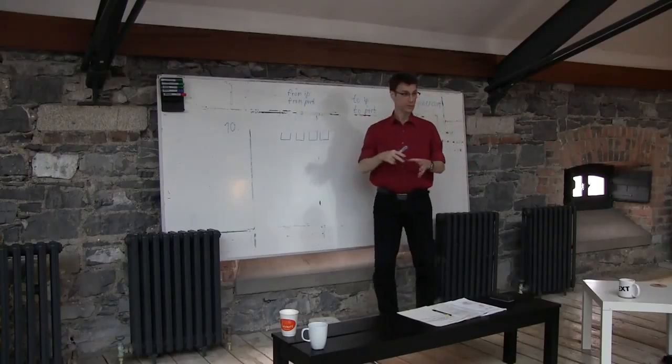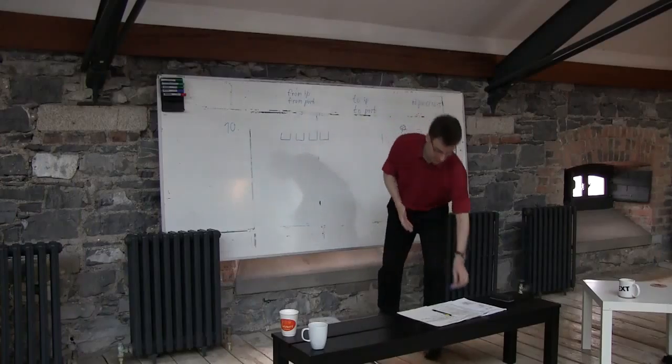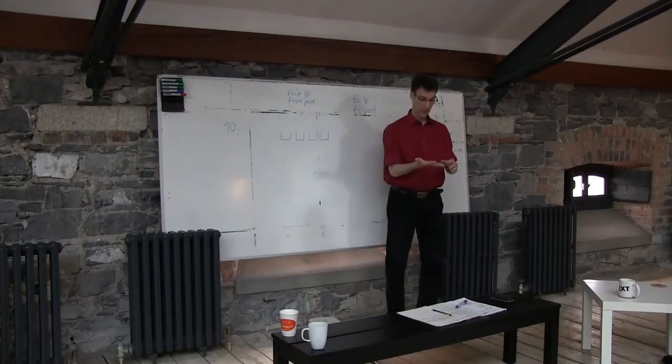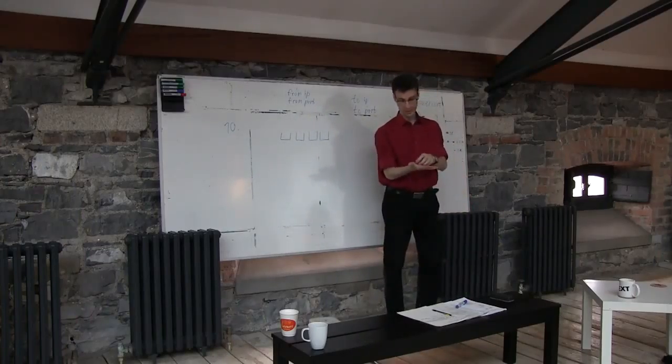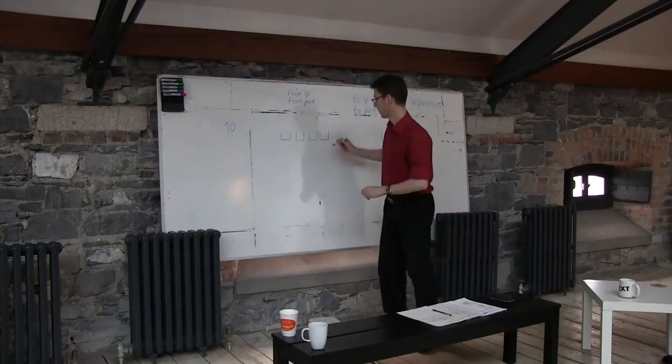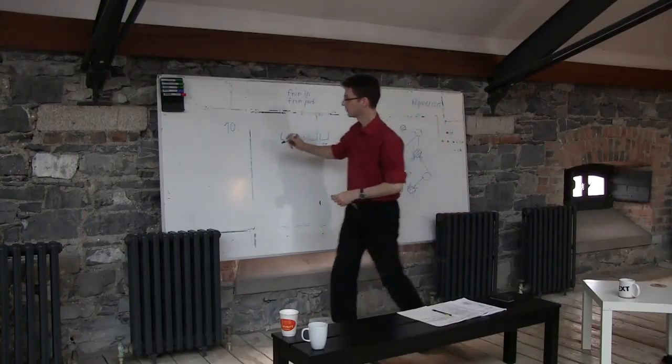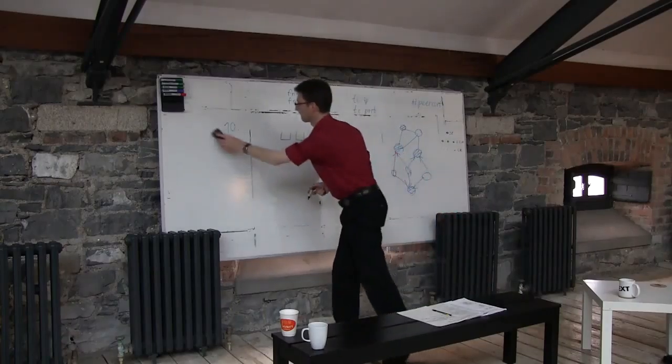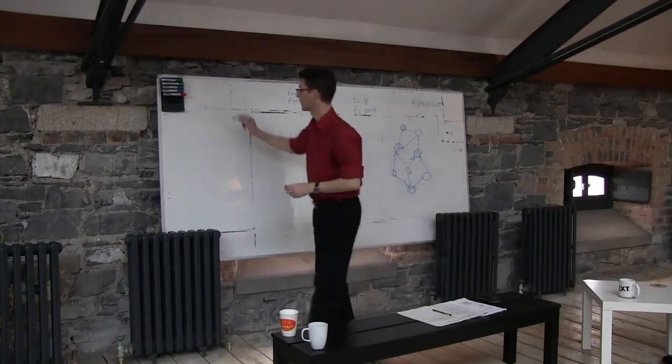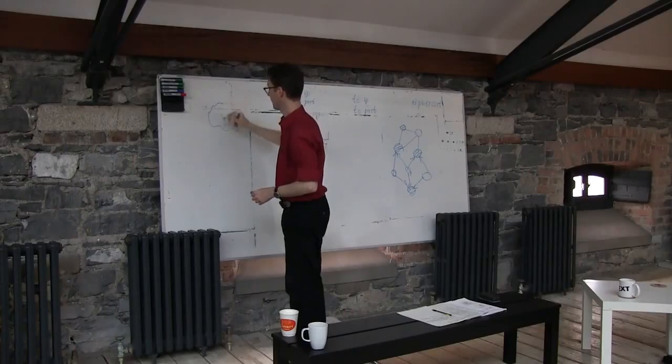While I'm walking around, well, there's two ways to do it. If I have my connections, if I'm, for instance, a node of type 15, let's take a picture of that.